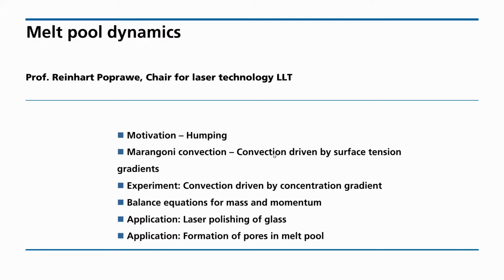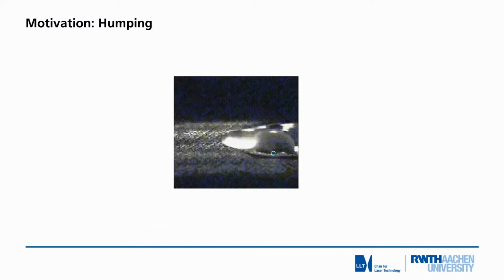So as a motivation, you see here a picture of a melt pool. Here the keyhole of a deep penetration weld. Imagine the laser coming from the top. And here in the back you already see a change in melt formation, a little droplet.